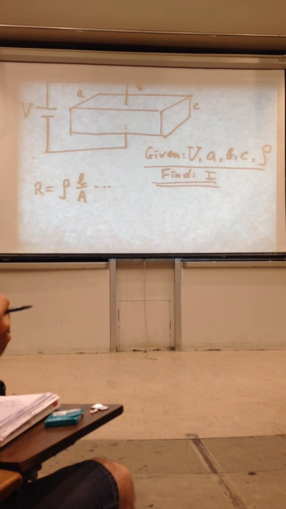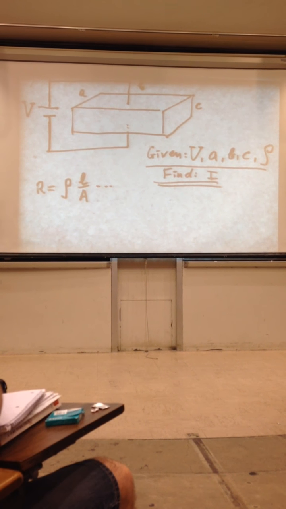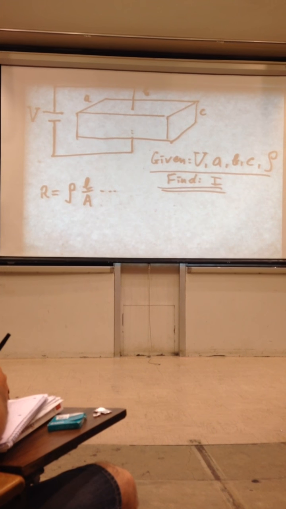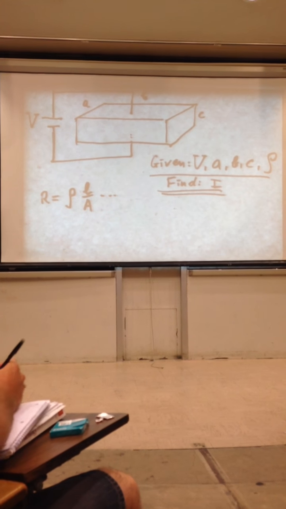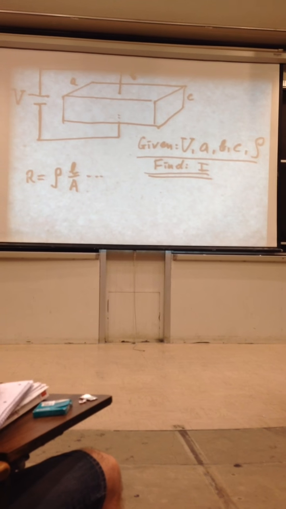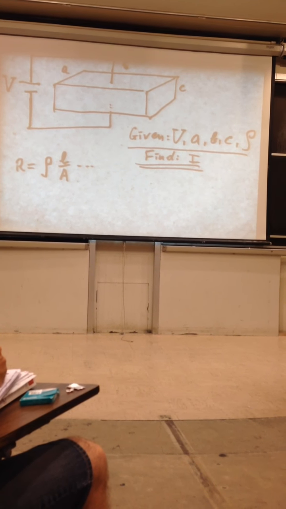So you have a rectangular prism, which is a conductor, and the dimensions of this are given: two sides and the height. It's connected to a battery with a certain voltage, and the resistivity is given. You should find the current.